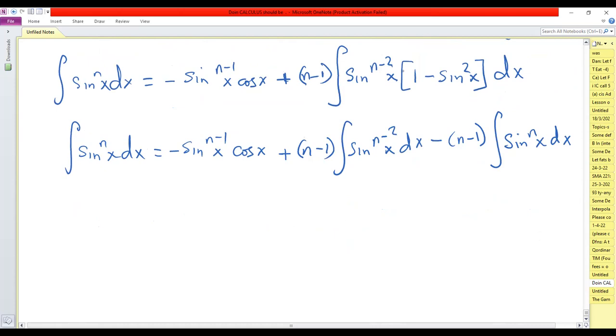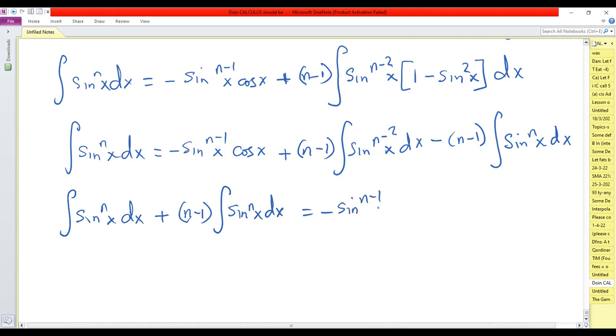So bring this to the left, this sign will be positive, and so I'll have the integral of sine power n x dx, now plus n minus 1 integral of sine power n x dx equals negative sine raised power n minus 1 x cosine of x plus n minus 1 integral of sine power n minus 2 x dx.